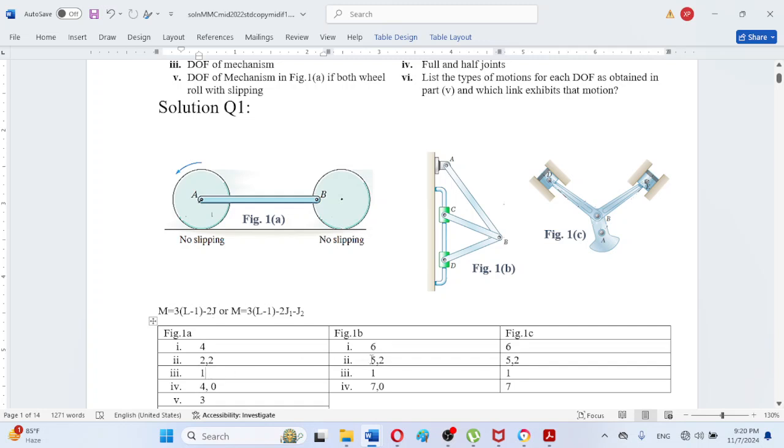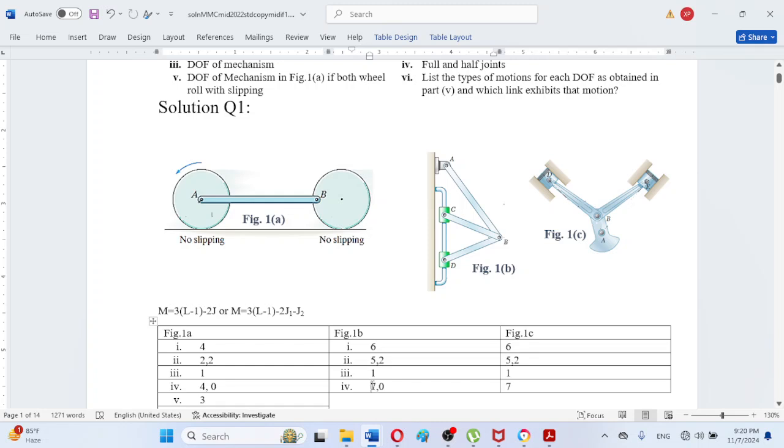In a similar manner, if we move to figure 1b, we can observe here the total available DOF will be 6 minus 1, because capital L is equal to 6. So 6 minus 1 will be 5, and 5 multiplied by 3 will be 15. So the available DOF for the mechanism in figure 1b will be 15, and from this the DOF removed by full joints will be subtracted.